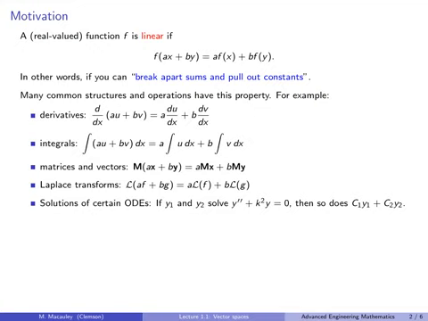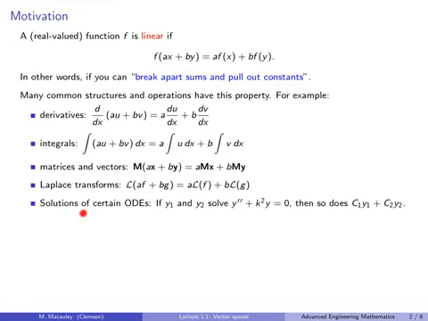Here's an example ODE: y double prime plus k squared y equals 0. This is a linear ODE, which we'll talk more about later. What that means is that if you have two solutions, y1 and y2, that solve this ODE, then any linear combination of those, c1y1 plus c2y2, is a solution as well.